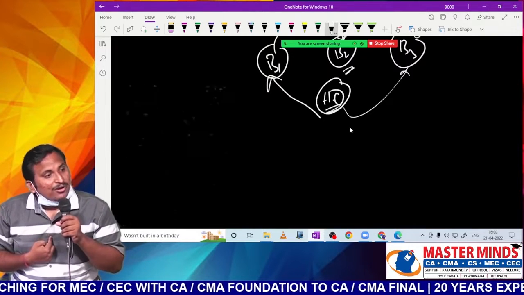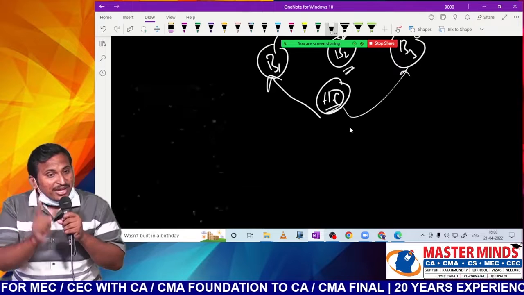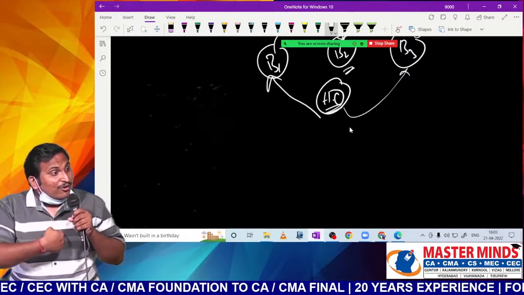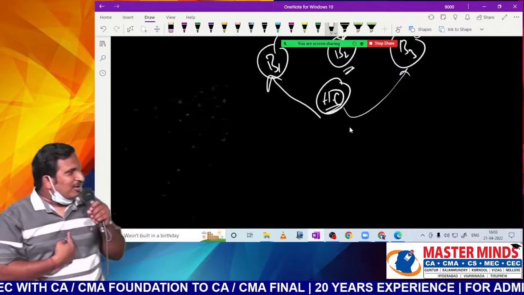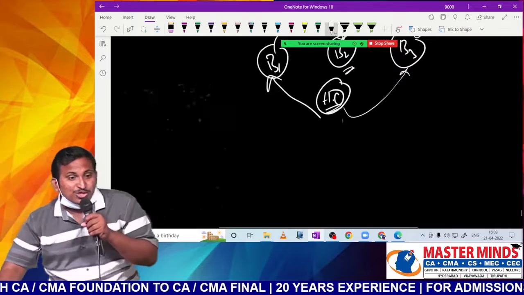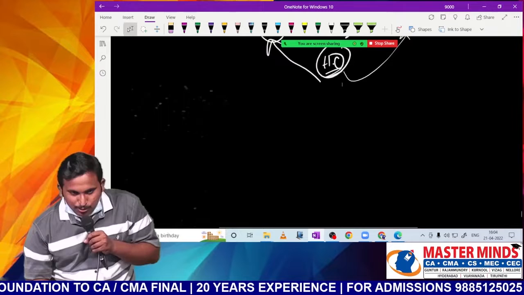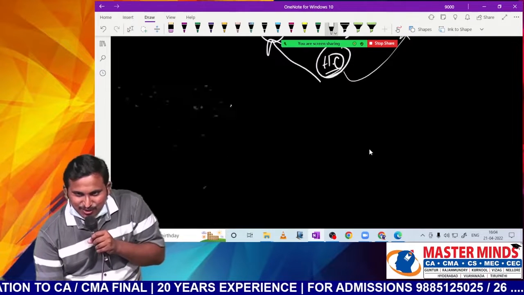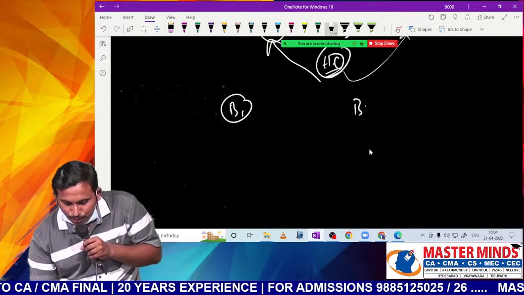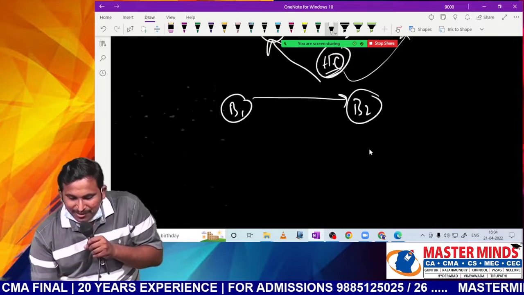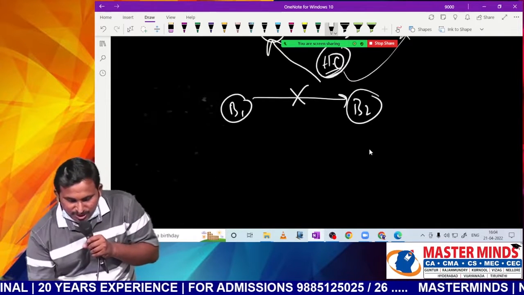That's why head office requires that for every inter-branch transaction, head office should be involved. So suppose there is a branch transfer from B1 to B2. Now we should not record it as B1 has transferred to B2. This is not correct.